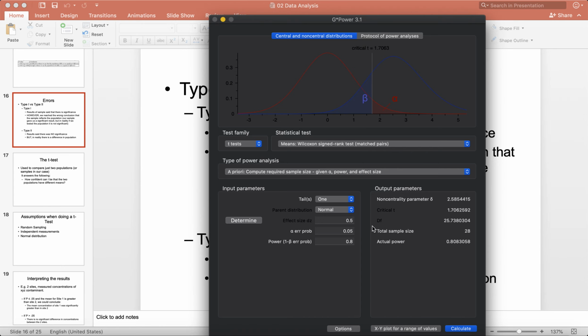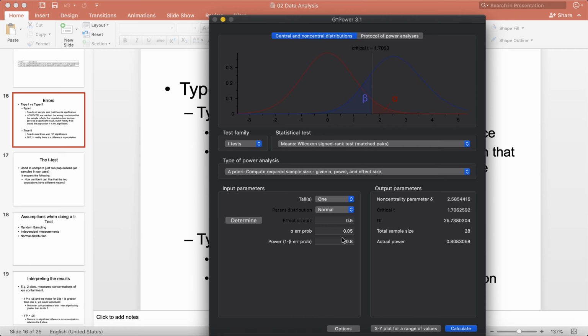So let's take a look at that. With this setup, our power analysis, if we say we want a power of 0.8, meaning 1 minus 20% chance of getting a type 2 error. So we're trying to get a stronger test, 0.8 value of a test. Our sample size needs to be 28.